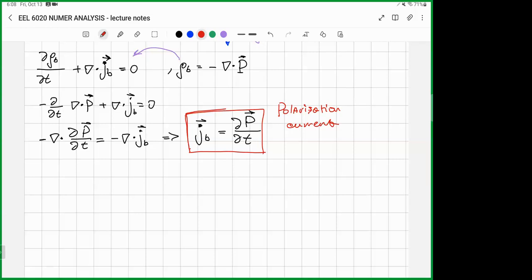So now, since this is also a current, we can add this current to the curl magnetic field Maxwell equation. Right.